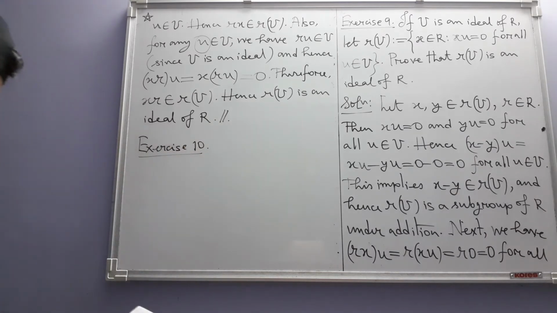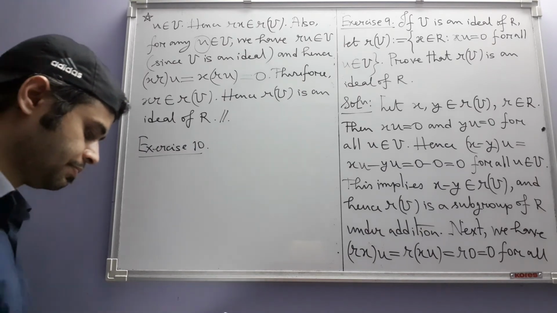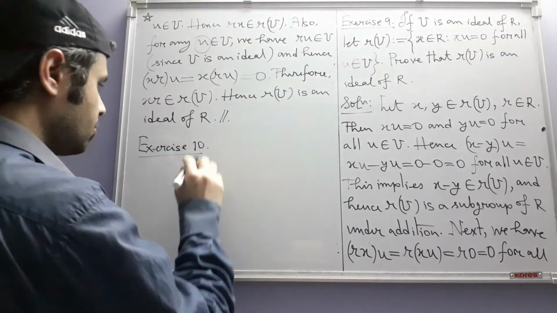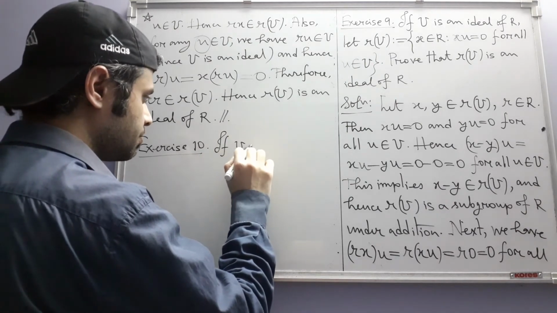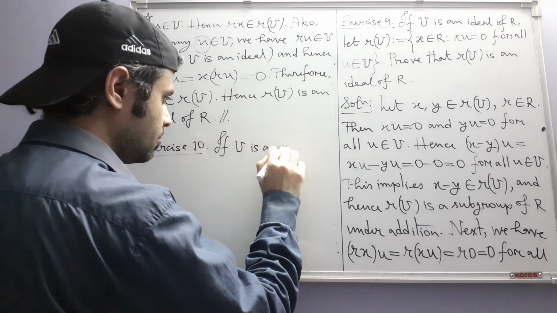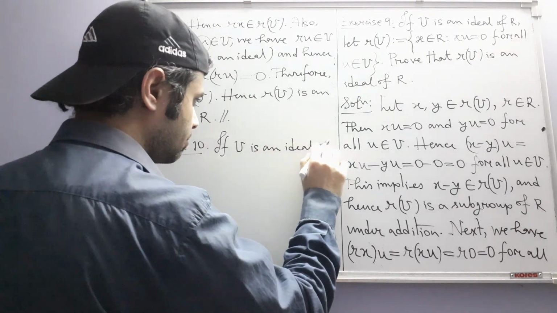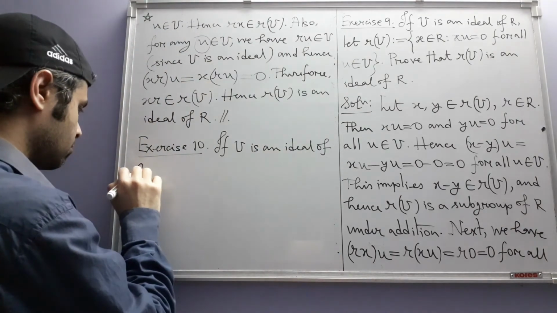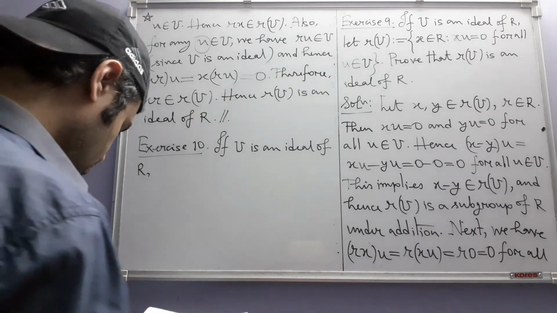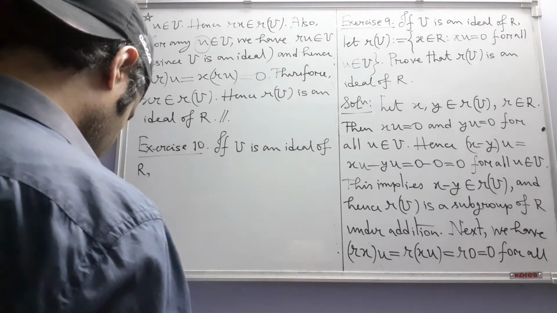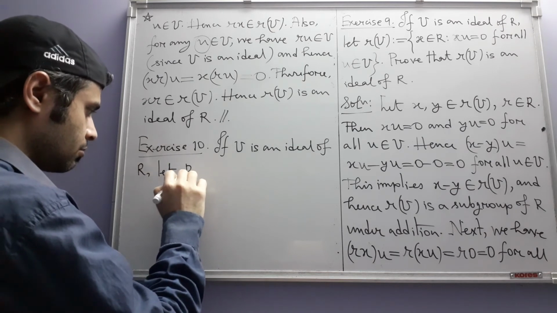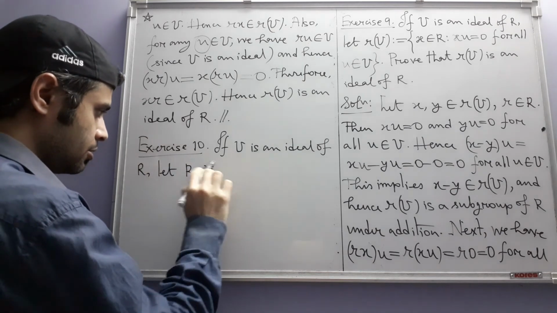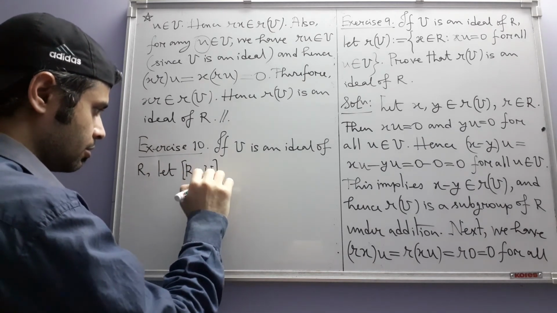We consider a subset in a general ring and show that it's an ideal. If U is an ideal of R, let, now this one has a different notation.